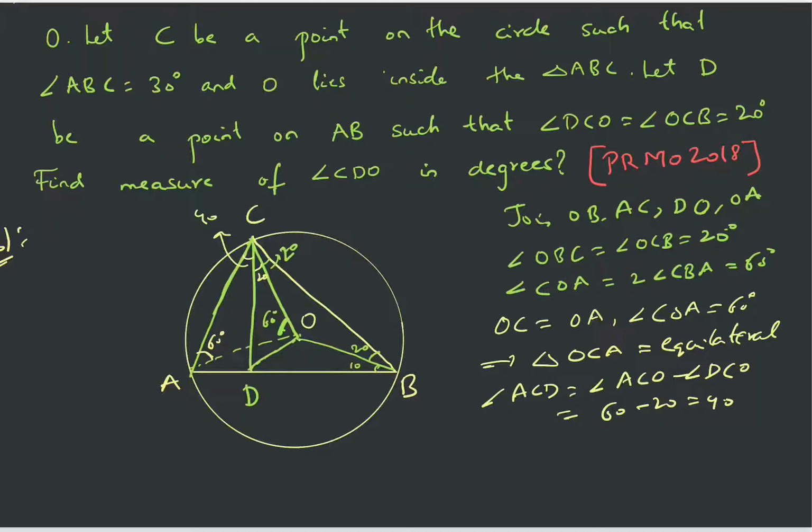Yes. So now we have this equilateral triangle COA. Okay. So AC is equal to CO is equal to OA. Right? This is what we have.